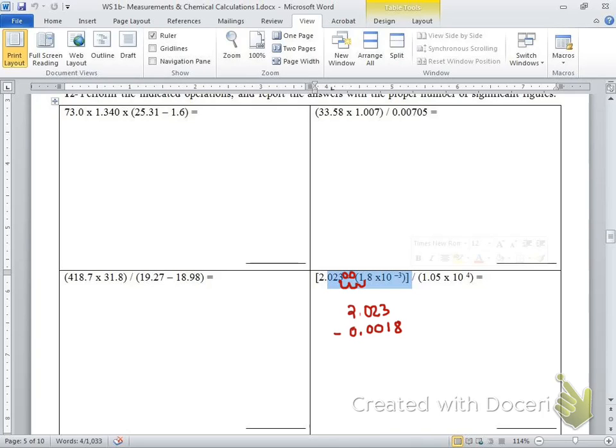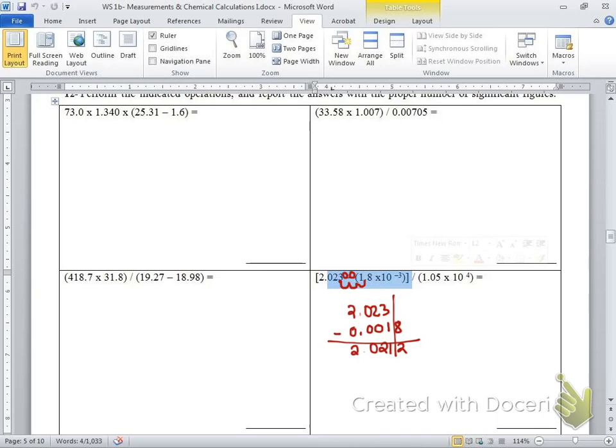Okay. Now, when you do the subtraction, you'll keep all 4 significant digits of that first number. So that's going to be 2.0212.